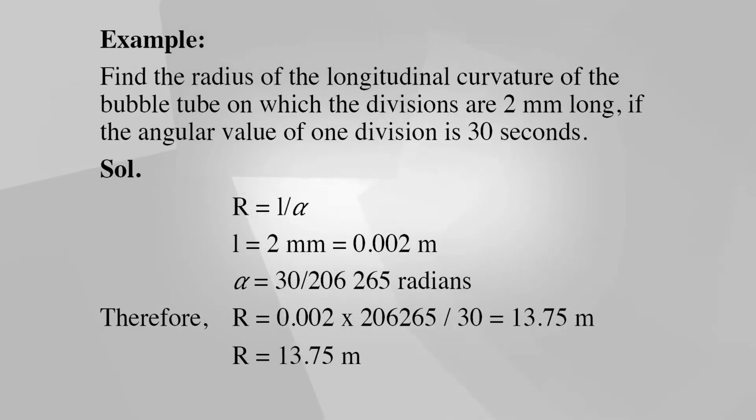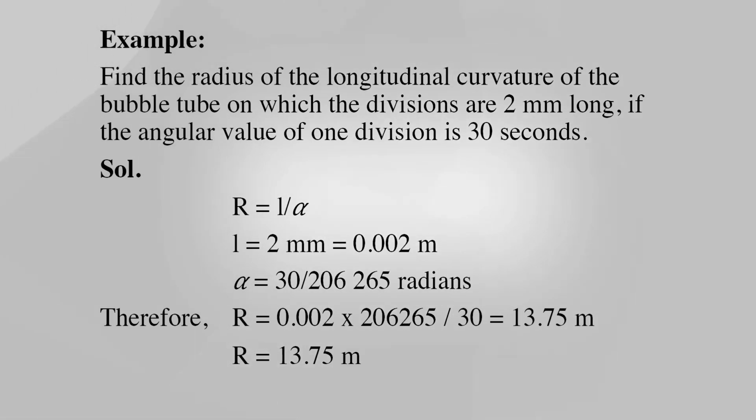Now, let us take some examples to make it more clear. So, we have to find the radius of longitudinal curvature of the bubble tube on which the divisions are 2 mm long, if the angular value of one division is 30 second. Now we know R is equal to L upon alpha. L has been given as 2 mm, so we can convert it into meter as 0.002 meter.